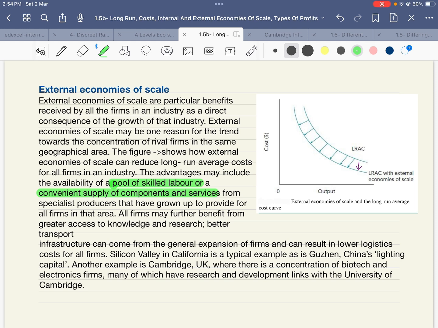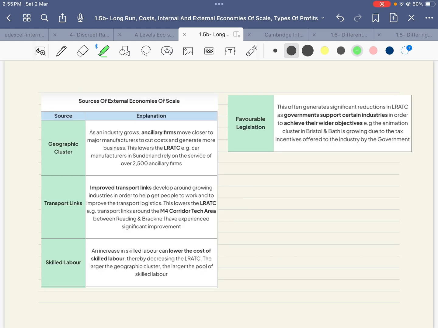Also, all the firms might have greater access to research, knowledge, and better transport infrastructure. Improved technological or transport infrastructure can come from general expansion of firms and can result in lower logistics costs for all the firms.